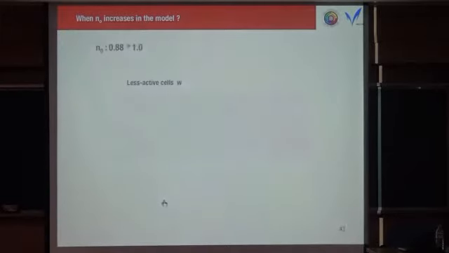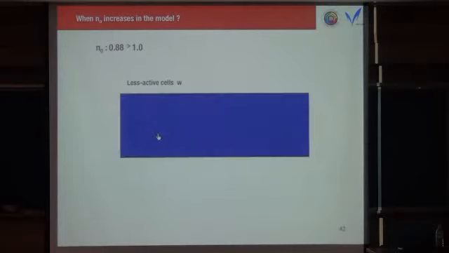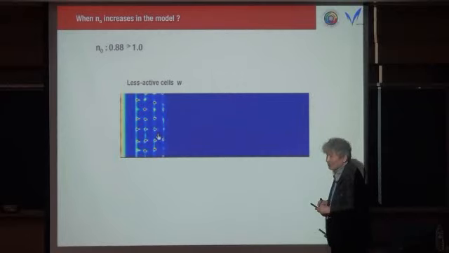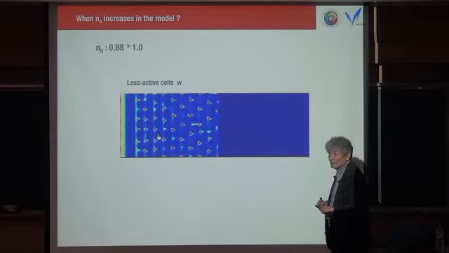And how about the case when N0 is a little bit increasing? Then it is almost similar, but you can see a very irregular or chaotic pattern of spots. So here we don't have any nice pattern.